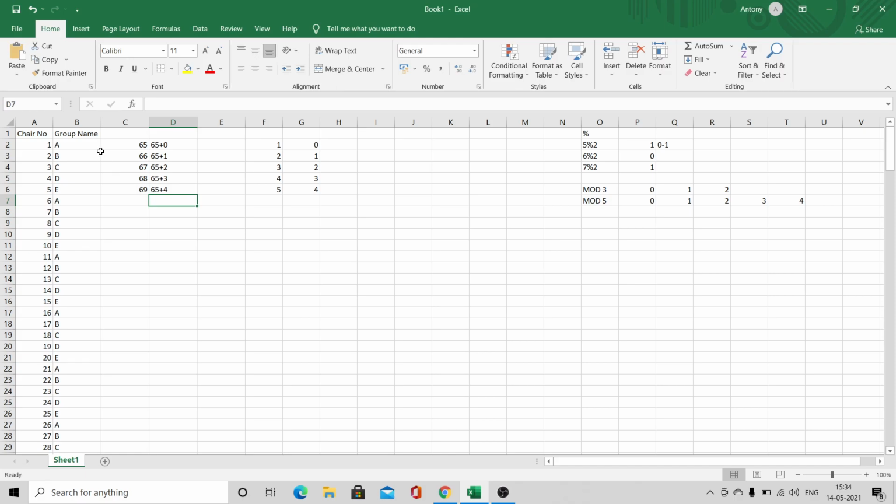Okay, so 65 is constant here, right? You have to identify whether you have to add 0, 1, 2, 3 or 4.